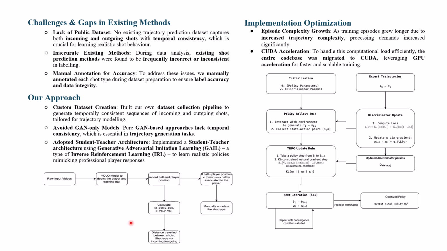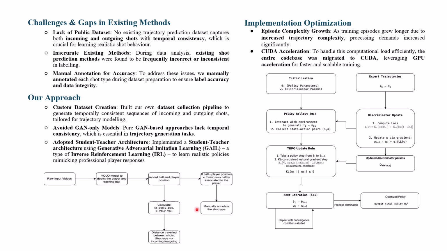So here is a flowchart that replicates our pipeline, which takes a video as input to a YOLO model, and the model detects the player's position and the ball's position and calculates their coordinates, and then it determines the shot time, whether it's an incoming shot or an outgoing shot.